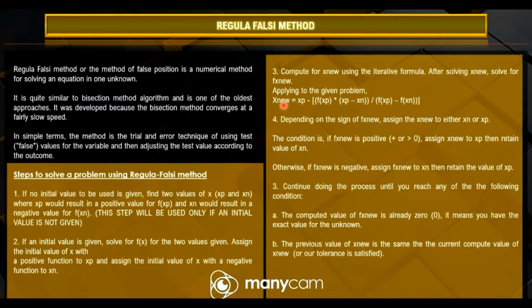So xp is the value of x that, if we apply it to f, will be positive, and xn is the value that will result in negative.